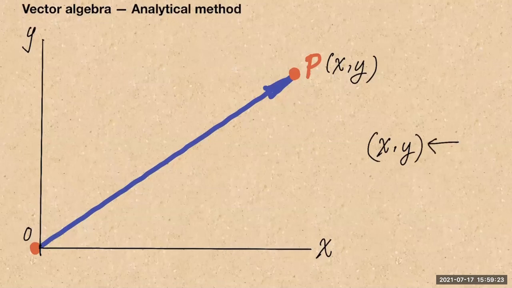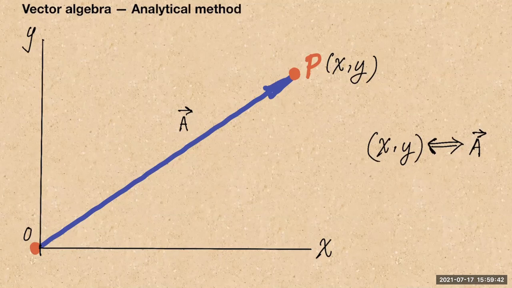This vector is then uniquely identified, vector A. I'm using this symbol here. It means there's a 1-to-1 correspondence between this vector A and this pair of numbers, x and y. x is the x coordinate of the endpoint P of this vector. y is the y coordinate of point P.